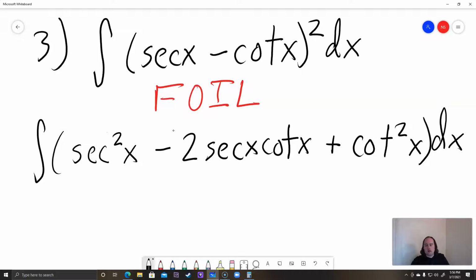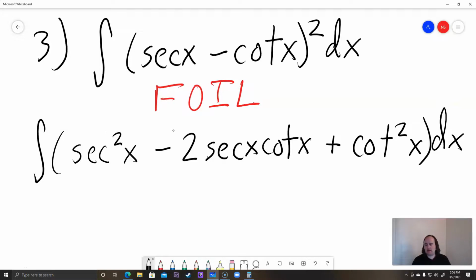Now there are other ways of doing this problem. I'm not saying I'm necessarily doing the easiest way, but this seems to be the way that I would first think of trying to do this problem. Because U substitution can't really be done the way it was written. It's too complicated.